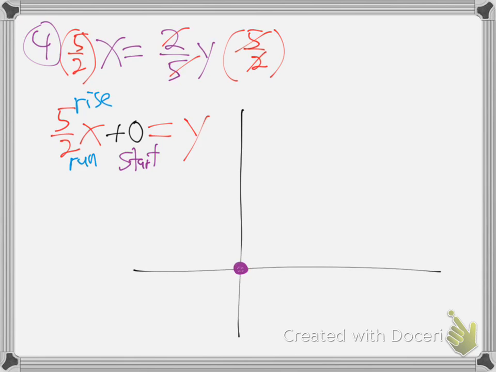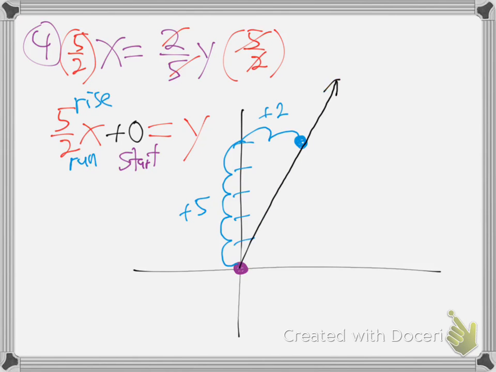So we go up 5, 1, 2, 3, 4, 5, over 2, 1, 2, like that. So up 5, over 2, connect the dots, and there we go. That making sense?